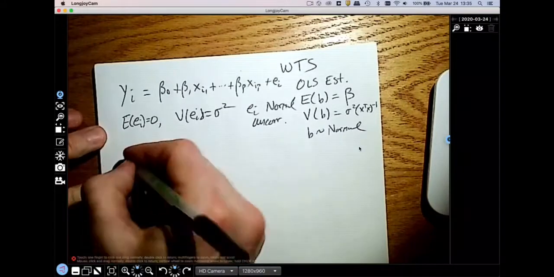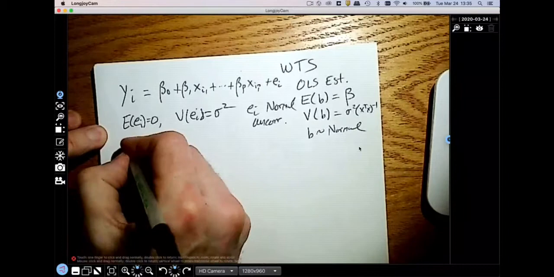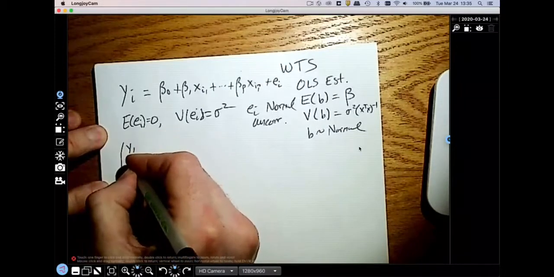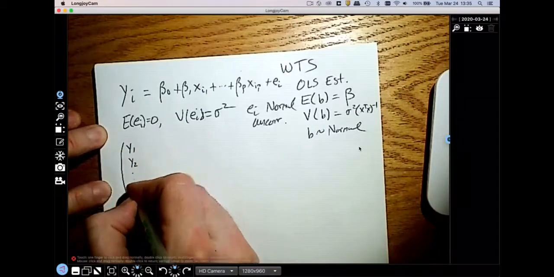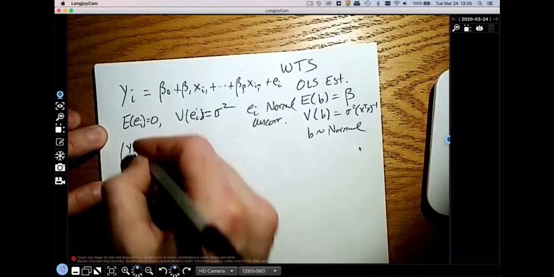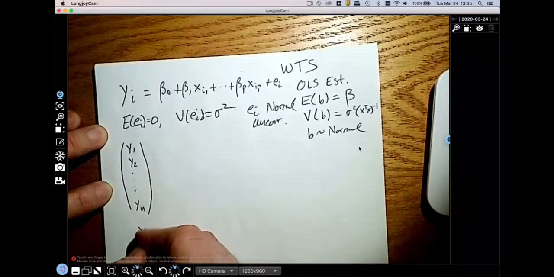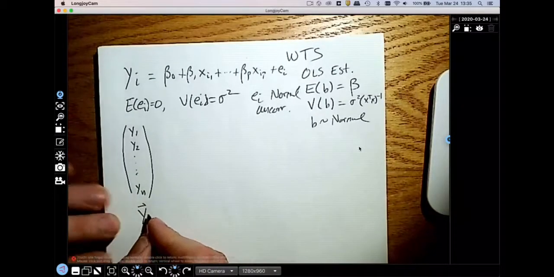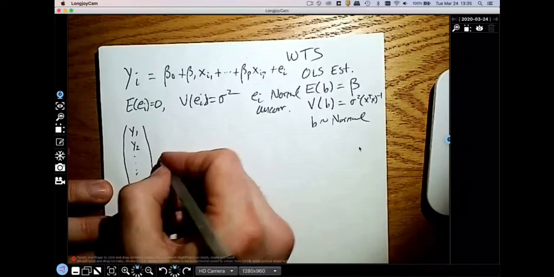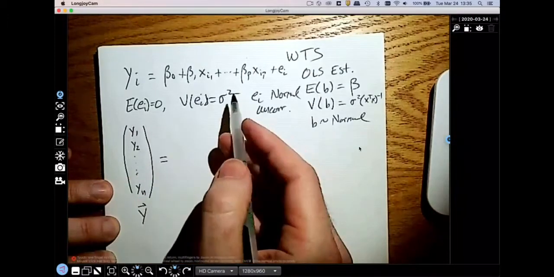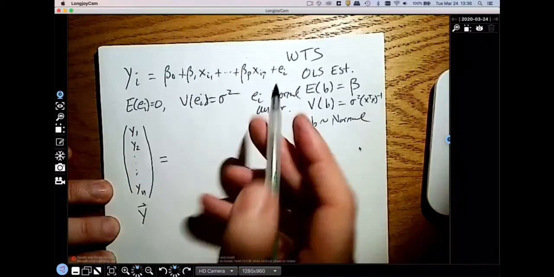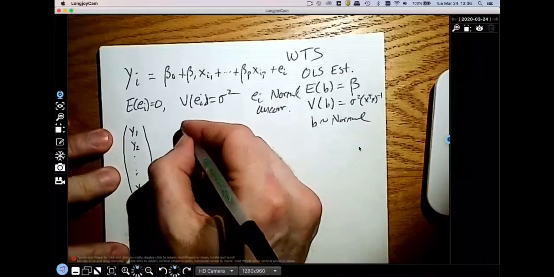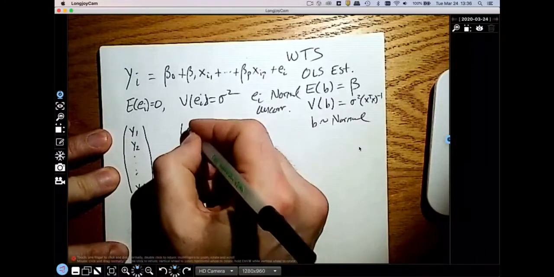Now, I'm going to start by representing all of this as matrices. We're going to have a y vector, y1 through yn. If I put a little line over it like that, that means it's a vector. On the right-hand side of the equation, we're going to end up with a matrix that looks like this.